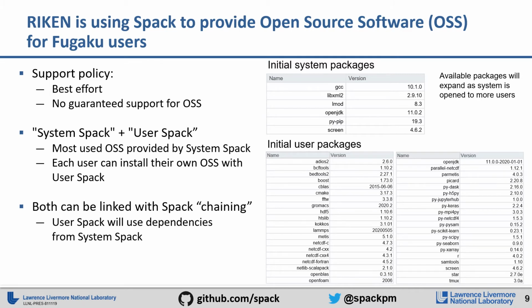And that's something that you can configure with Spack with our chaining feature. Users can also install their own instances of Spack and chain against both of these system instances. So we hope that this helps people on Fugaku really take advantage of the system. It's a relatively small number of packages, especially compared to the thousands that the RIKEN folks built that are available right now. But they're planning to expand this as the system is open to more users.